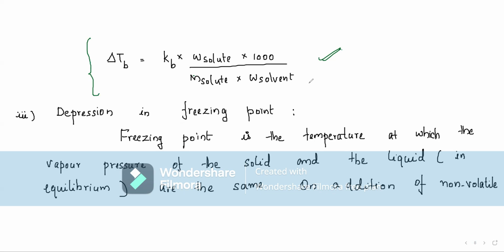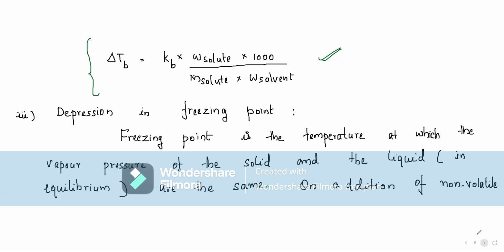Now, let's move on with the third colligative property, which is depression in freezing point. Freezing point is the temperature at which the vapor pressure of the solid and the liquid are the same, since they need to be in equilibrium.